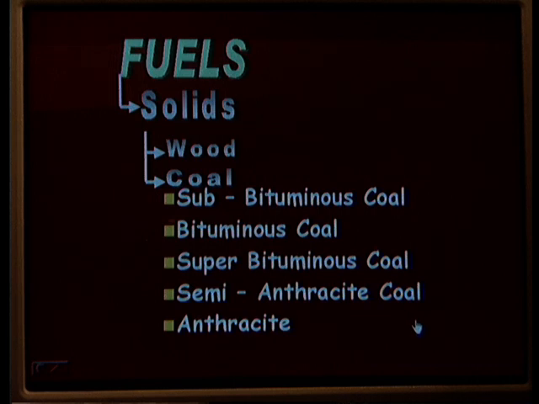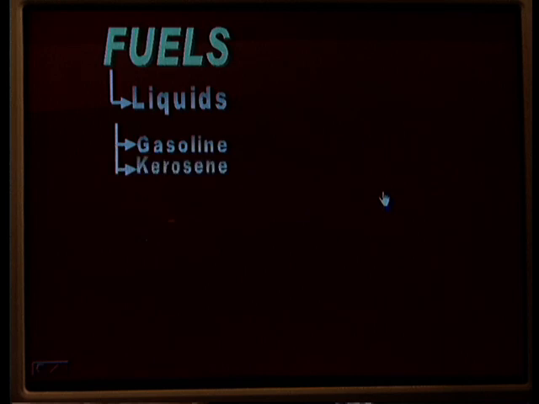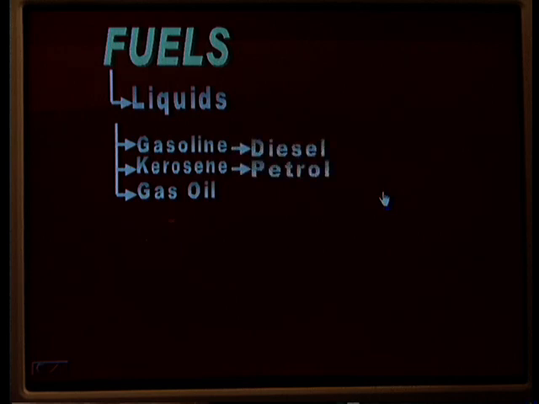Okay. Now, let us talk about the next type of fuel, that is liquid fuels. Liquid fuels, we have got the various types of fuels being gasoline, kerosene, gas oil, diesel, petrol. These are some of the liquid fuels that we have.